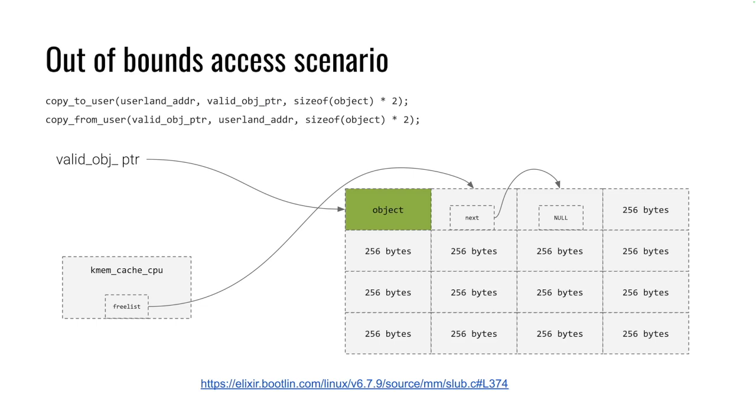Well, if the attacker, instead of manipulating the pointers that are involved, somehow gains control of the number of bytes to copy, then the attacker can access or influence bytes that are outside of the kernel object that was allocated. So in the event the attacker can copy to the user more than the intended number of bytes, what would happen? Well, the attacker would be able to copy this entire object, and then let's say that they somehow managed to double it.